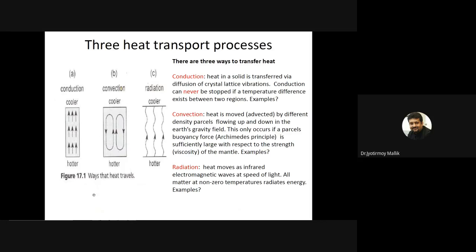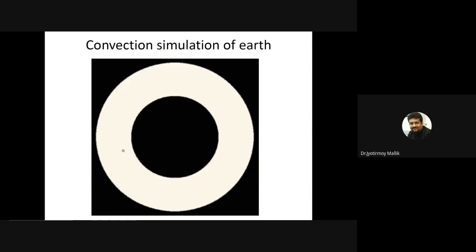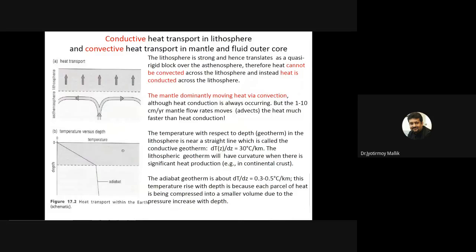Now we talked about conduction, convection, and radiation, and what they heat. Now I will finish the fundamentals of geothermics by introducing you to two types of geothermal gradient.